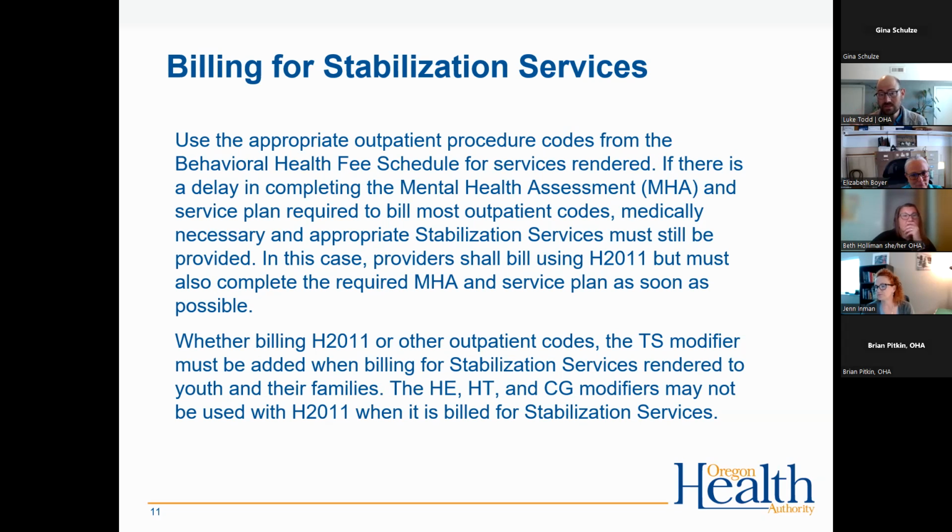It only indicates those that have a different rate than what's listed somewhere else on the fee schedule. H2011, for instance, is listed under the outpatient services tab, but in the rendering providers field, you'll see peer support specialists listed. So they are eligible to bill that code. It's just that the rate is not different.